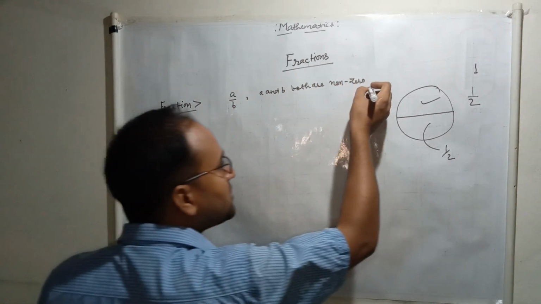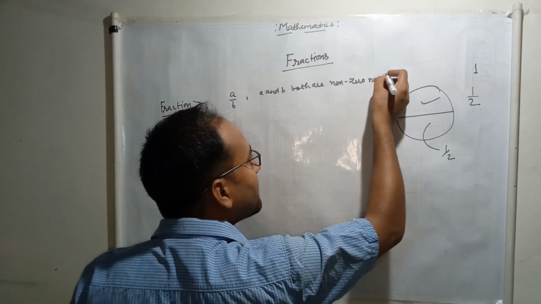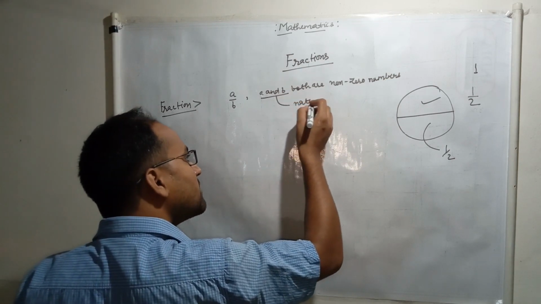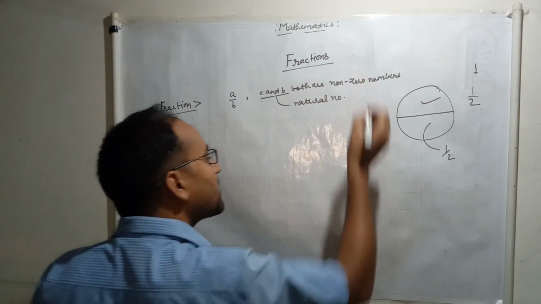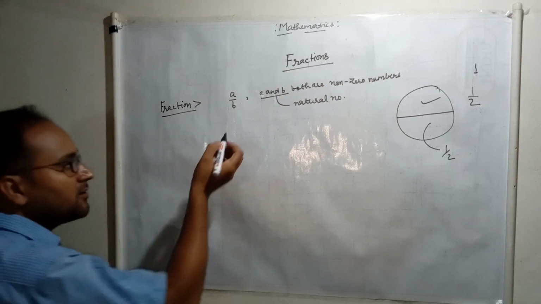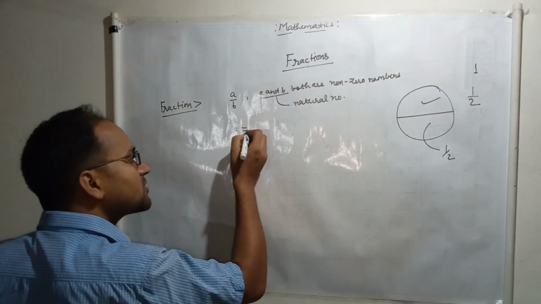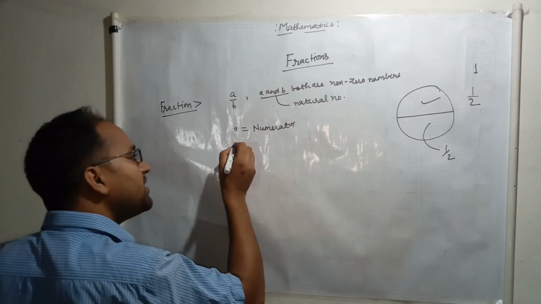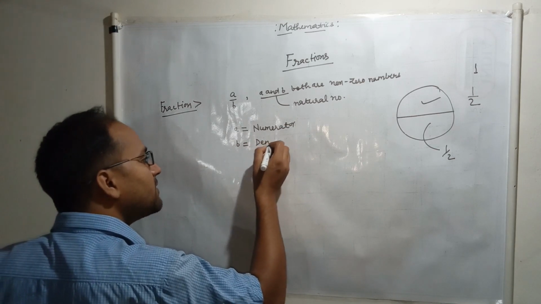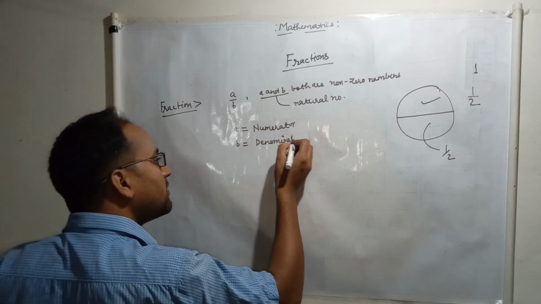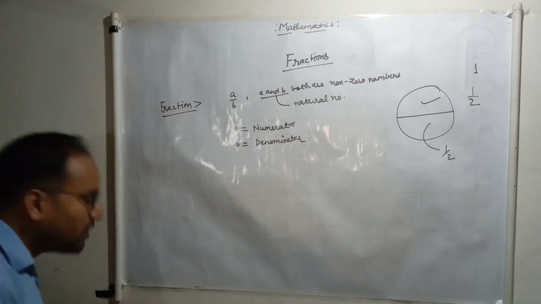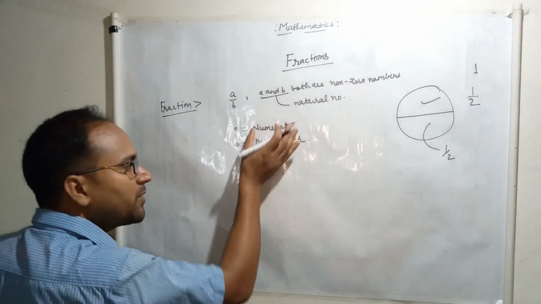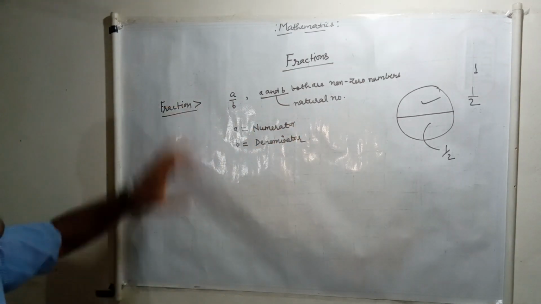A and b both are natural numbers. Okay students, in this, a is called the numerator and b is called the denominator. So any quantity, if it is represented in the form of a upon b or numerator upon denominator, is known as a fraction.